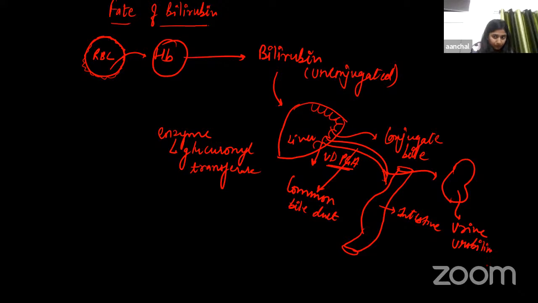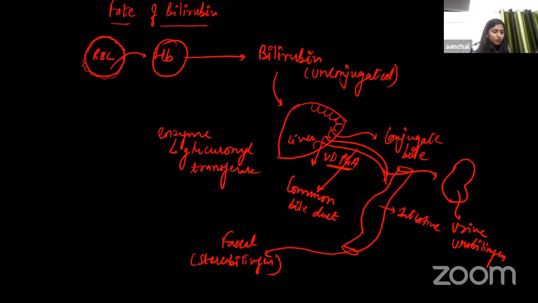Okay, so some will be excreted by the kidney in urine as urobilinogen, right? And also some will be excreted with feces as stercobilinogen. Okay, so these are all the steps.